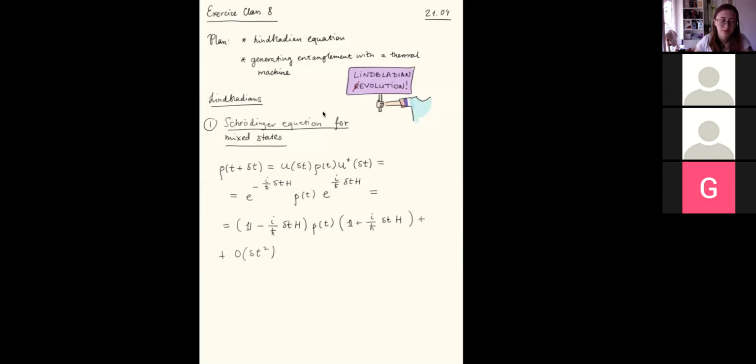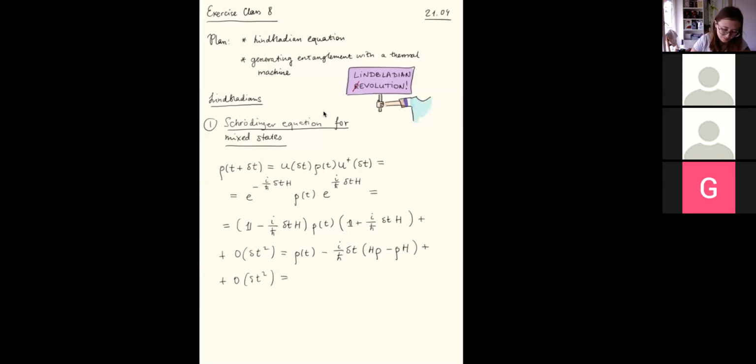We're not interested in them. Okay, so if we open up this expression, what we get is just rho of t minus i over h bar delta t (H rho minus rho H) plus again these leftover terms.